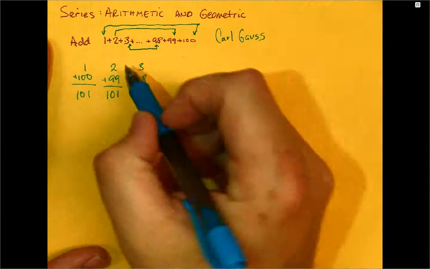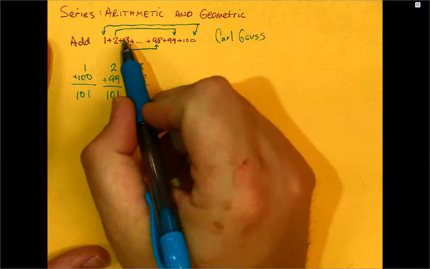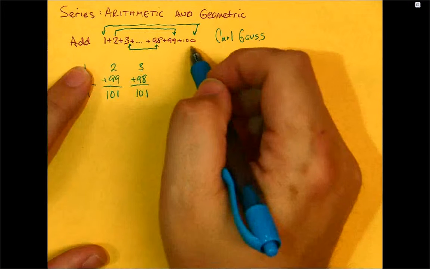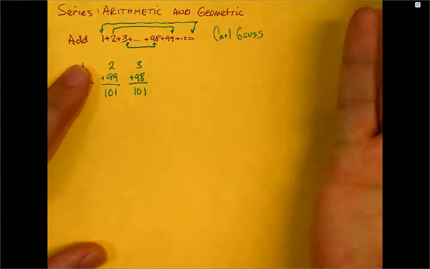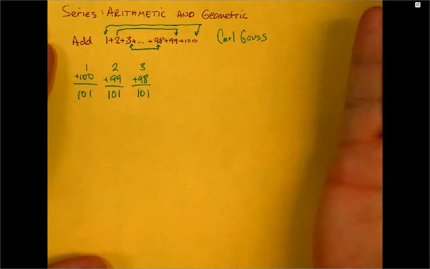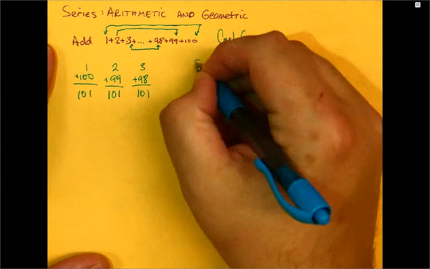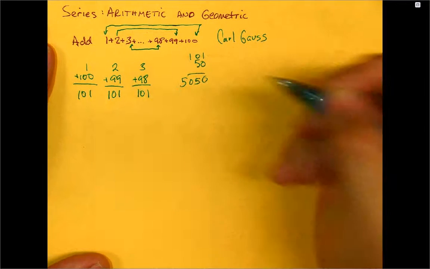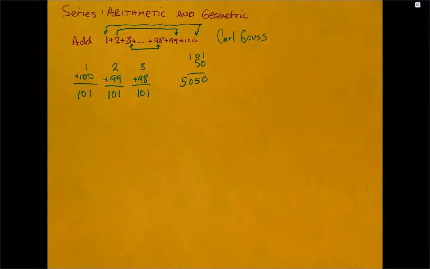So once he saw that this pattern was going, you'd pair the first one and the last one. So you have 100 numbers, you're going to make 50 pairs. And so he just did 50 times 101, 5,050. Okay, but how do you figure that out?